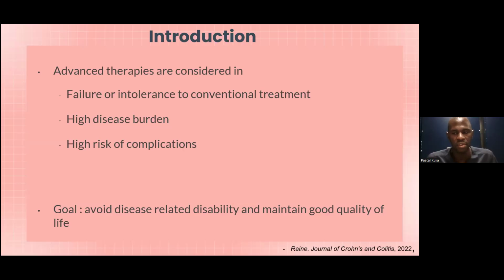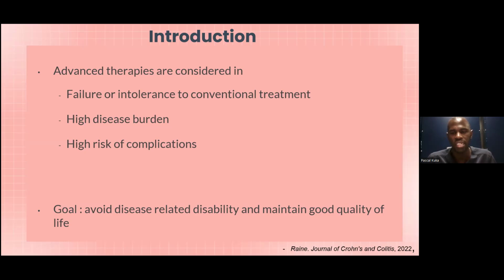So the last discussion we had was about conventional therapy, and we saw that they're highly effective, especially in mild to moderate disease. But we consider advanced therapies in patients who fail or are intolerant to conventional therapy. Other than that, patients who also have a high disease burden, not only the primary disease, but also on occasions a high extraintestinal disease burden, can also be considered for the same.